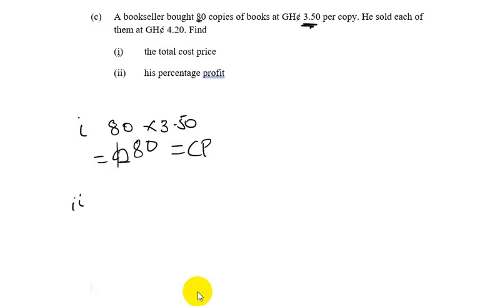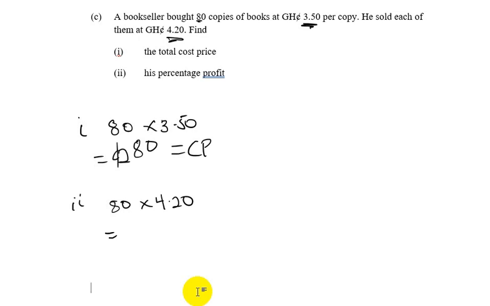Now to find the percentage profit, we have to find the profit that the person made, right? And to find the profit, we have to multiply. He said he sold it for 4.2, right? So we multiply the 4.2 by the 80 to know the selling price. Then we subtract to get the profit. I hope it's clear. So the woman will sell 80 pieces, selling one for 4.20, right?